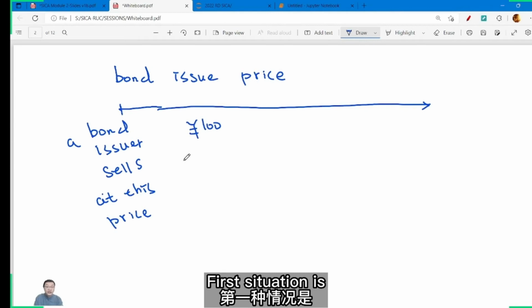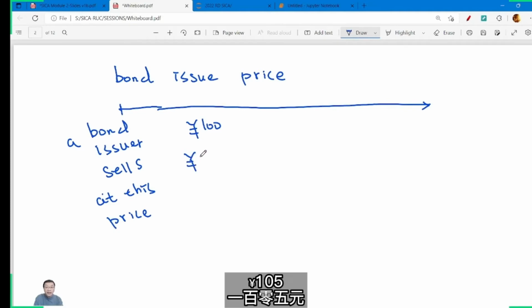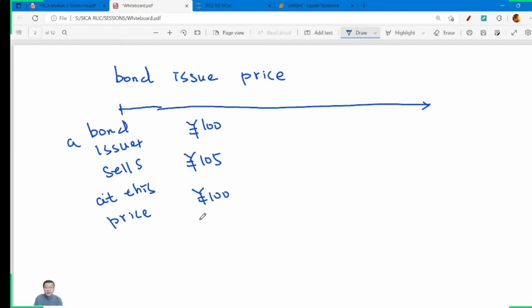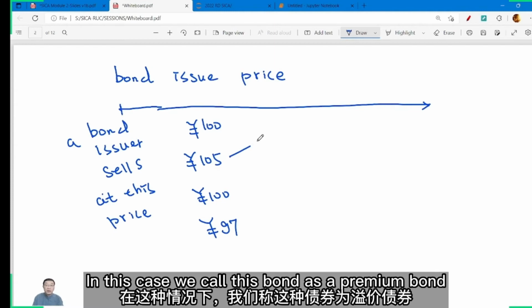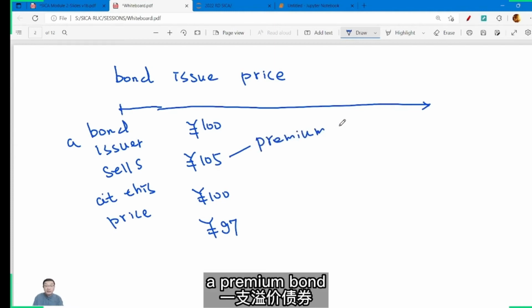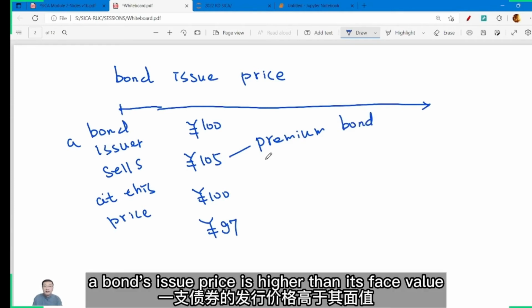A bond issuer may sell its bonds in the market at a price, say 105, or just 100, or 97. In this case, we call this bond a premium bond. A premium bond means the bond's issue price is higher than its face value.